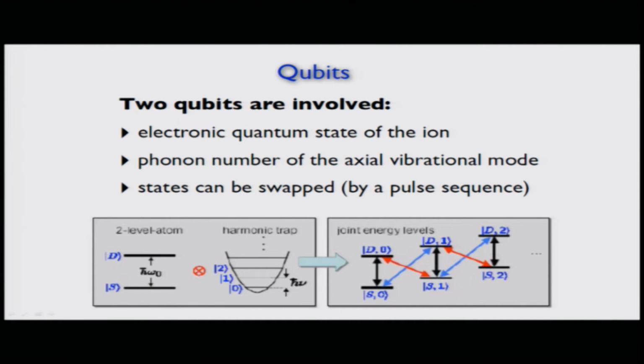So, the two qubits which are involved in this case, as I mentioned, are the two level atom in itself, which in this particular case is the atom slash ion, because we are looking at a calcium ion with one electron in the excited outermost shell. In some sense it is a two level system with the lowest possible excitation.